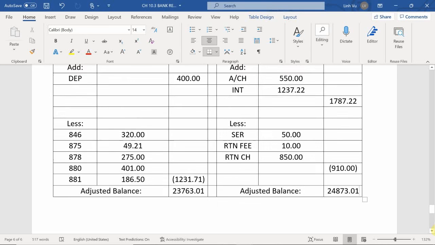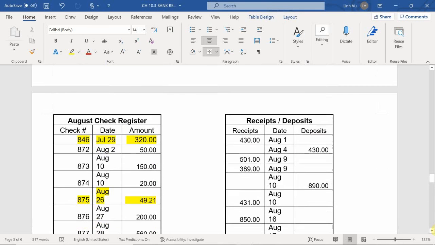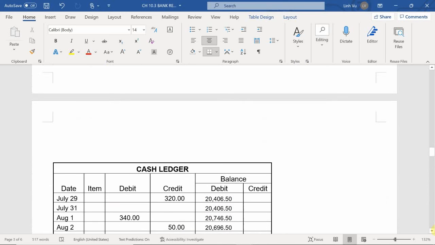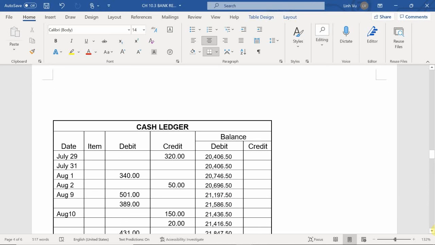So let's take a look at my cash ledger so we can follow along. Usually your beginning balance should match your beginning balance in your bank statement. So in this case, as of July 31st, I should have $20,406.50.